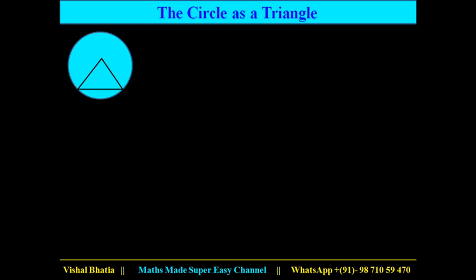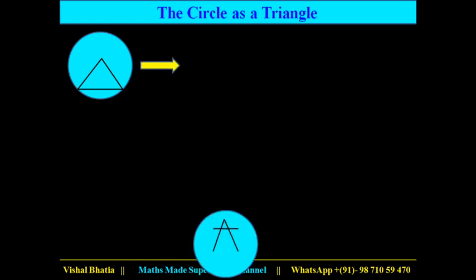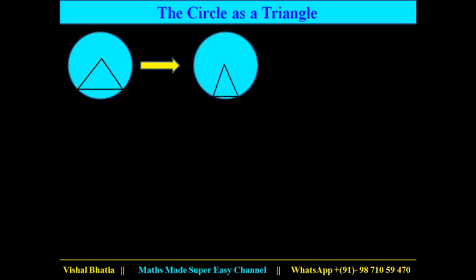They are the radii of the circle. Moving forward, supposing I were to collapse the two sides, bring them closer, I still get an isosceles triangle. But there is a little area which is left below the base of the triangle, which you may call the sector of the circle.